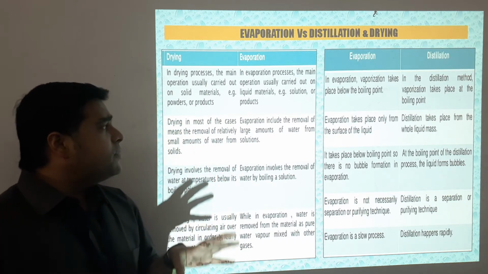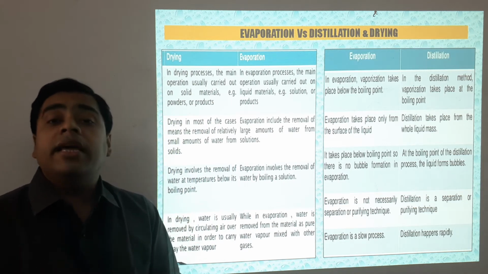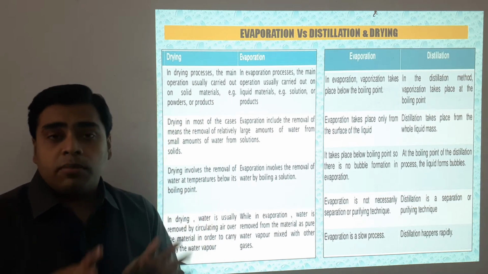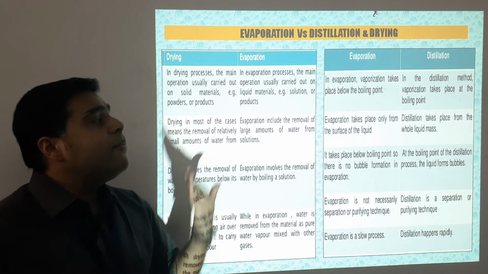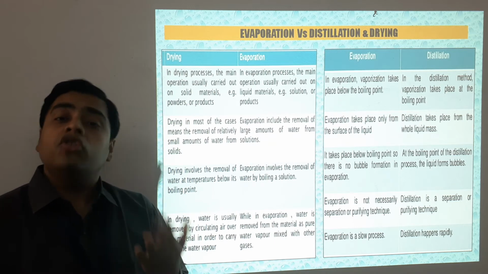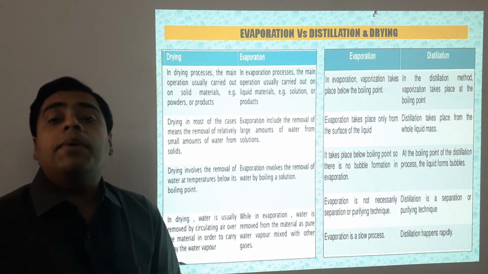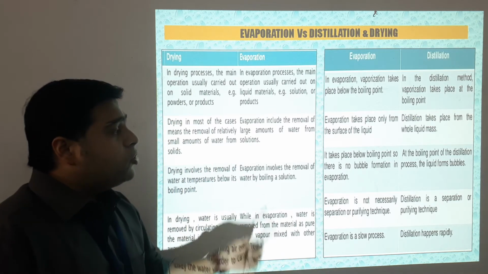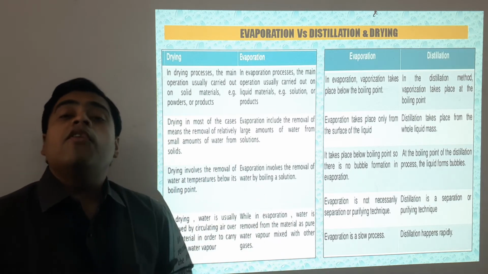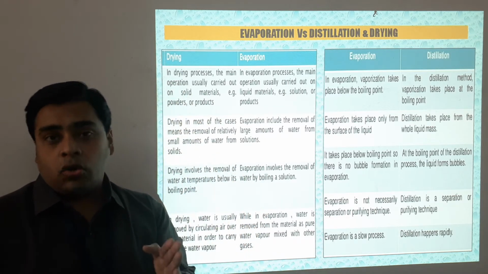Drying in most cases means the removal of relatively small amounts of water from solids, whereas evaporation includes the removal of a large amount of water from the solution. Drying involves the removal of water at a temperature below its boiling point. Evaporation involves the removal of water above the boiling point, that is, by boiling the solution.